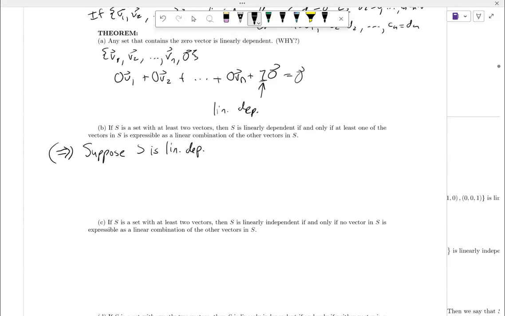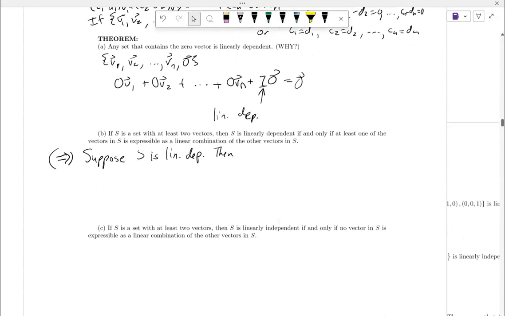Okay, so if it's linearly dependent, then I guess I didn't say what the set S is. Let's just assume, for argument's sake, that my set S is V1, V2, out to Vn.